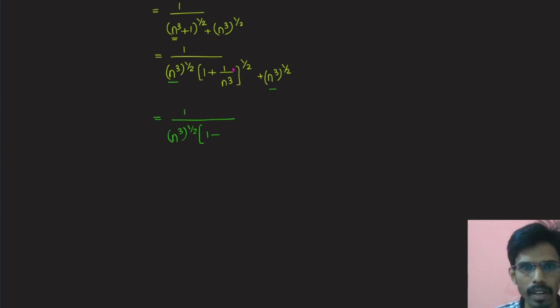Then we have 1 plus 1 by n cube whole power of 1 by 2 plus 1.